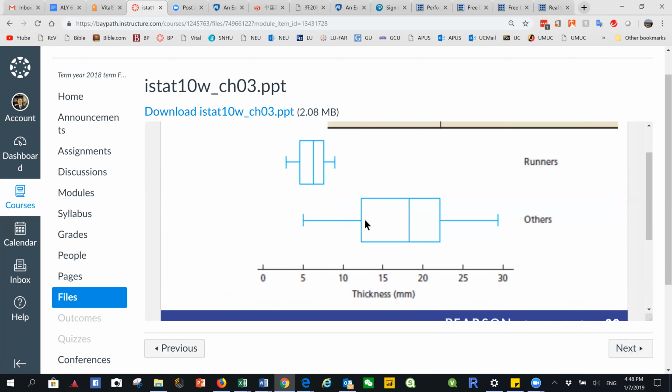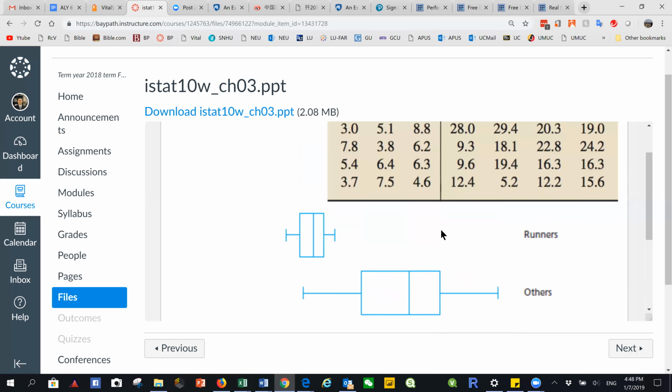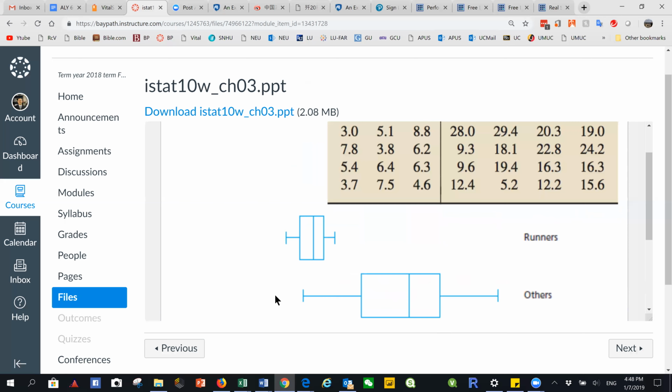The box here. Okay. Look, this is the minimum, Q1, Q2, Q3, maximum. Okay, 5 summary numbers. But usually, if you have an outlier, then the outlier should be either the minimum or maximum.